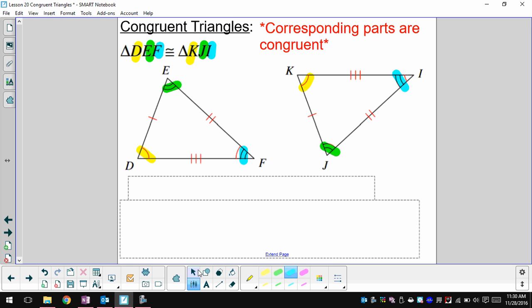We can do the same thing for the segments. If we just look at the names, DE is congruent to KJ, the two letters next to each other.